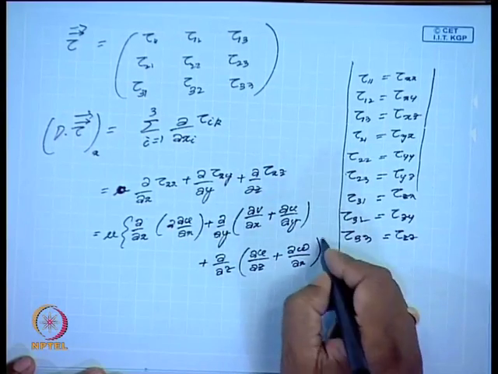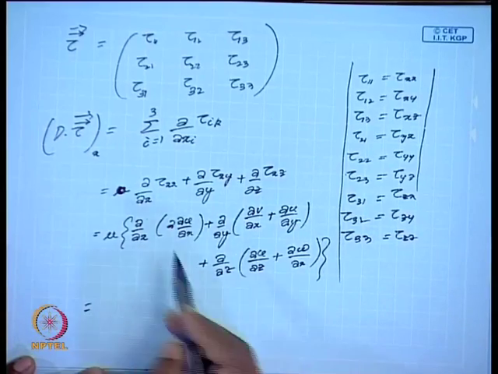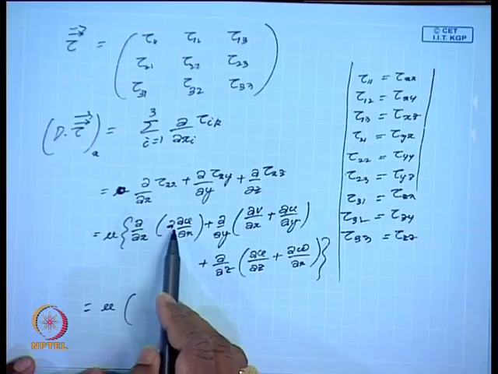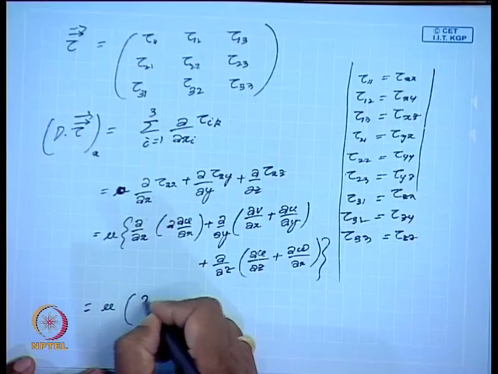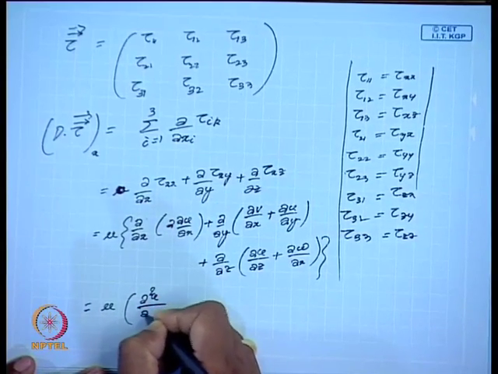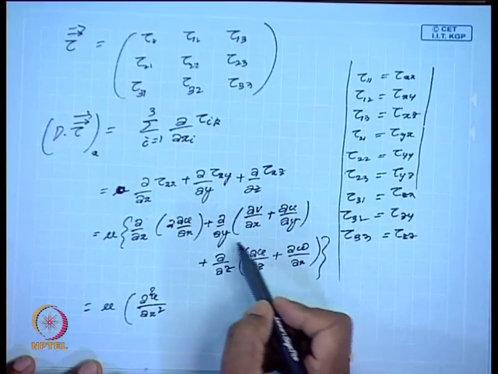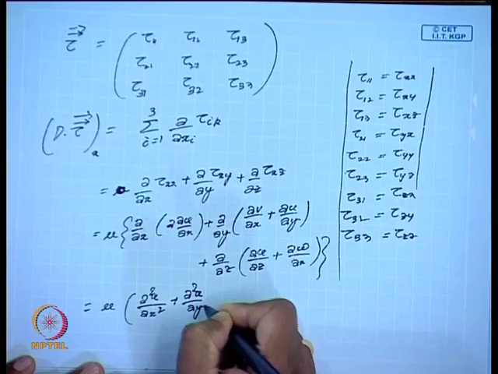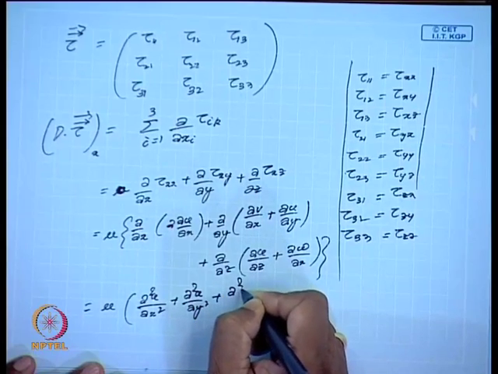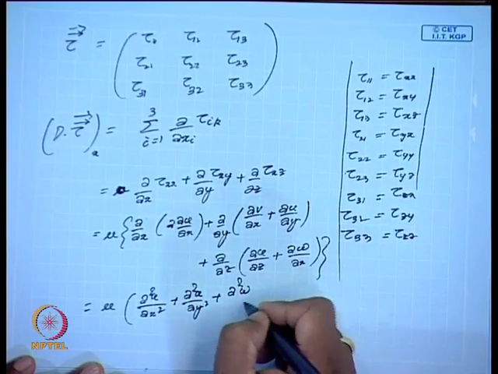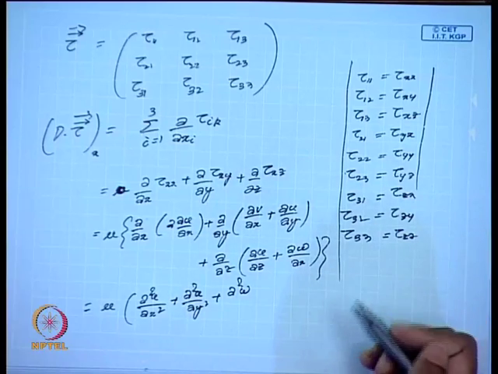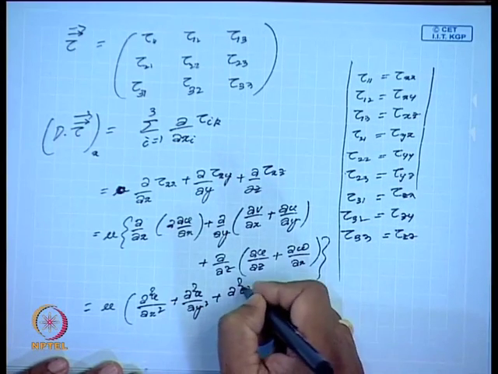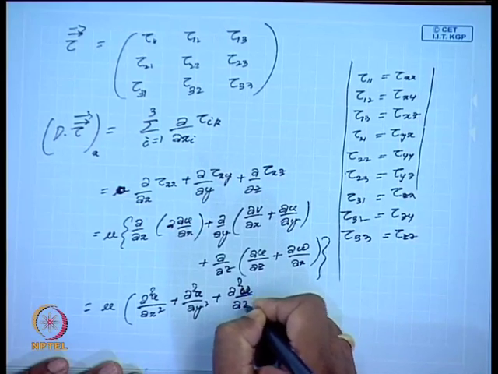And if I simplify further, taking mu in, I will take one component from the 2, so that will give me del square u by del x square, and from here I will take this component plus del square u by del y square plus, sorry, del square u by del z square.